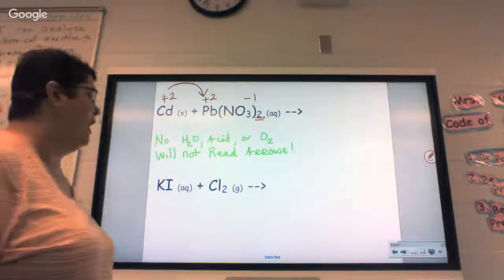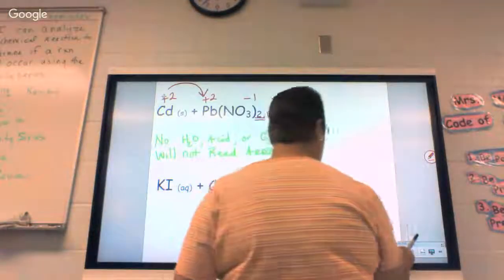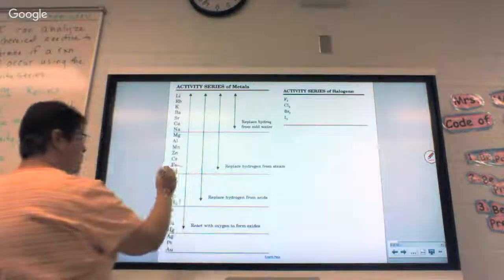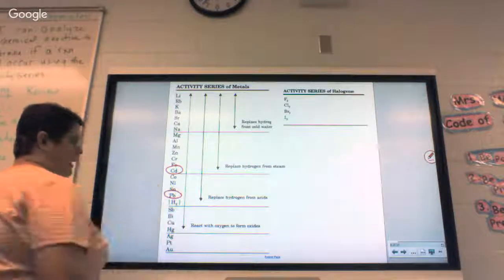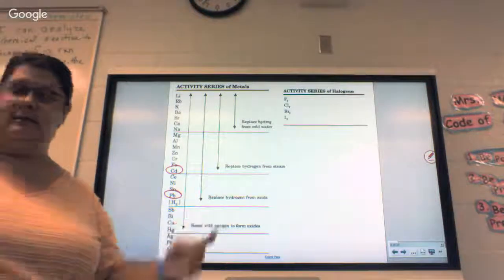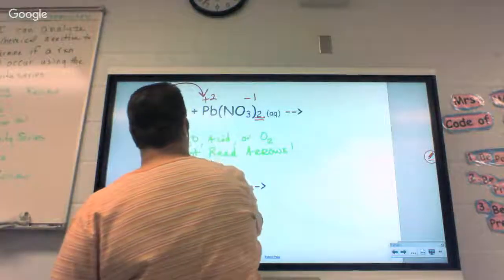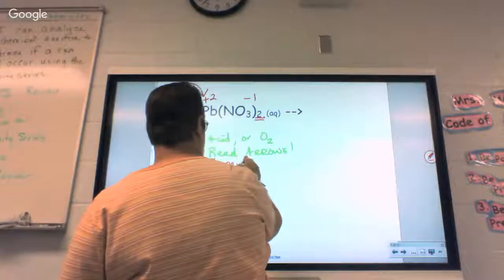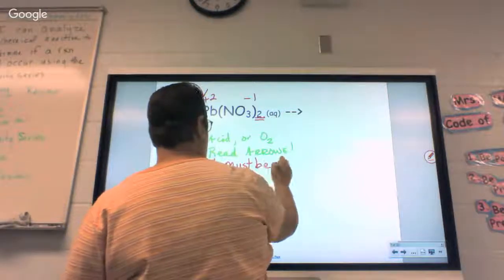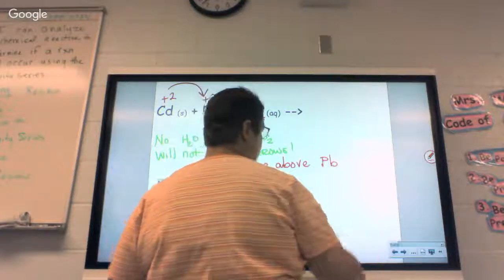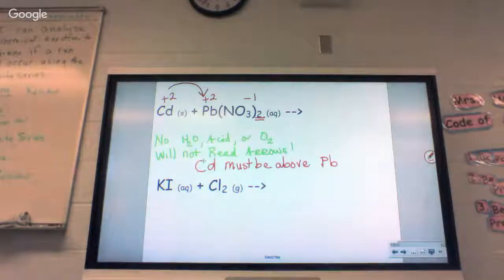Okay? So, going back to the chart, is Cd above lead? Oh, yes. So Cd must be above lead, because Cd is the one that's alone.